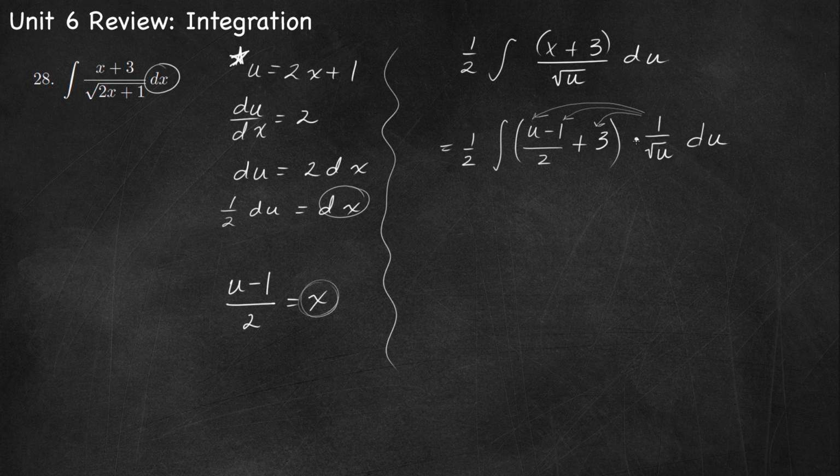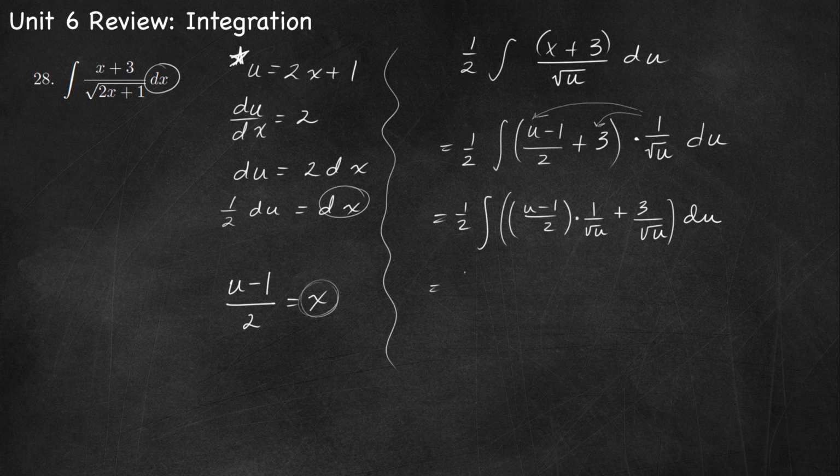So now when I distribute, it's going to be like that. Okay, 1/2 integral, and then I've got u minus 1 over 2 times 1 over the square root of u plus 3 times 1 over the square root of u, like that.